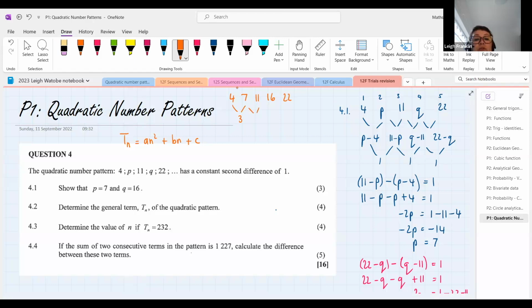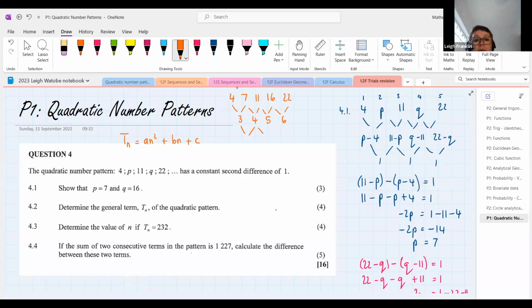That would be the first term of our first difference. 11 minus 7 would be 4. 16 minus 11 would be 5. And 22 minus 16 would leave us with 6. So this pattern is called our first differences, and it is a linear number pattern.